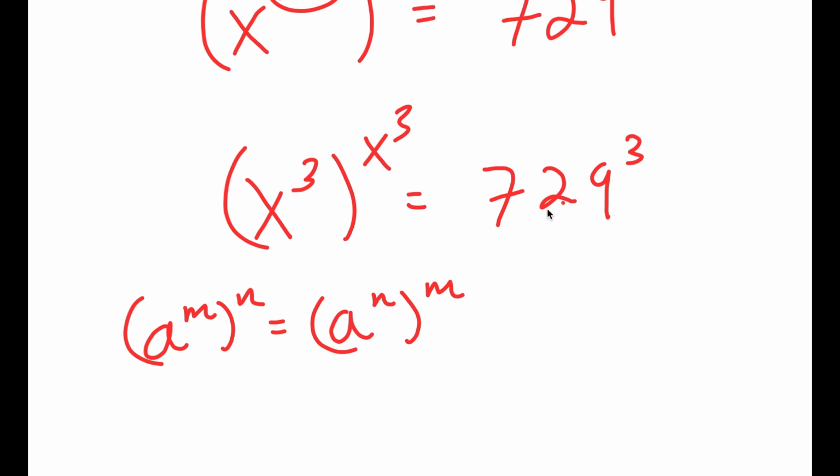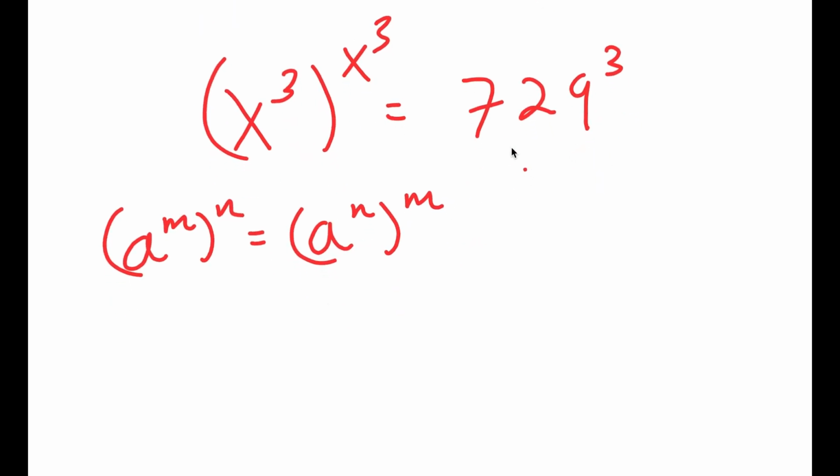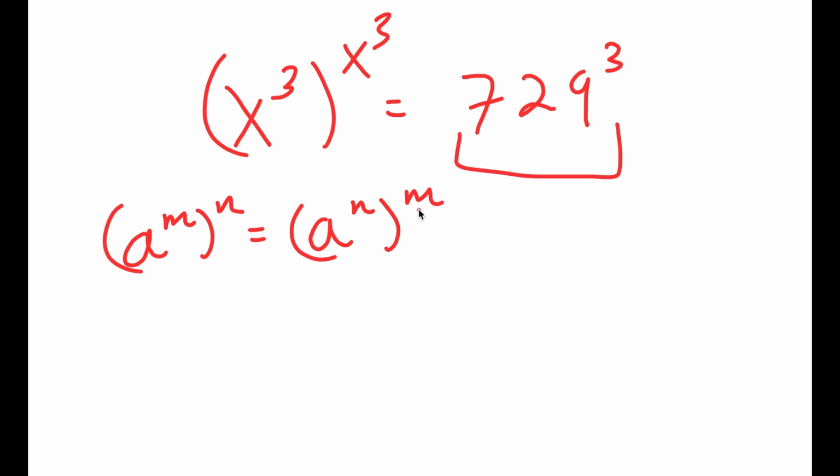So now from here, I need to rewrite 729. So 729 is the same thing as 3 times 243.